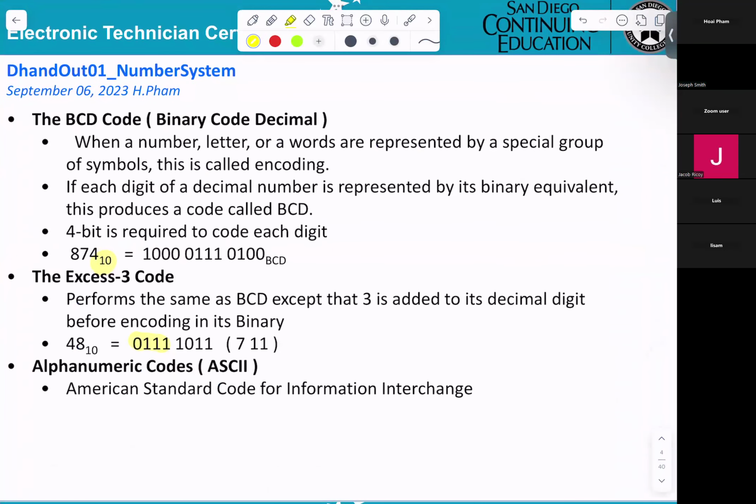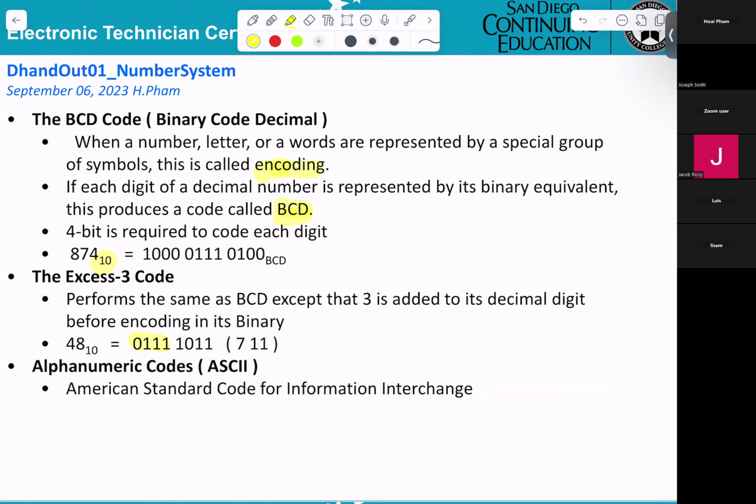BCD code. When a number, letter, or a word are represented by a special group of symbols, this is called encoding. Okay, if each digit of a decimal number is represented by its binary equivalent, this produces code BCD. 4 bits are required to code each digit.